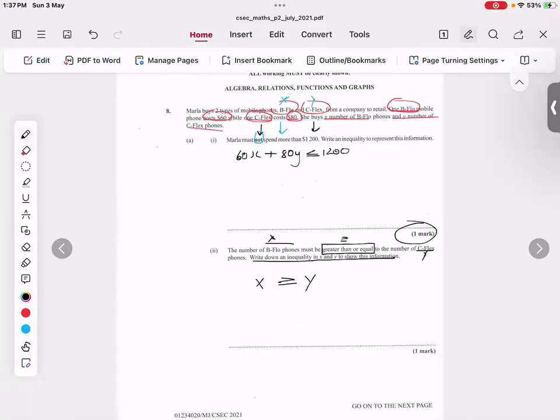The question I'm going to ask you is, for these two inequalities, they are both lines, by the way. The question is, are these lines cutting the X? Are they cutting the Y? Or are they cutting the X and the Y? And how do you know?